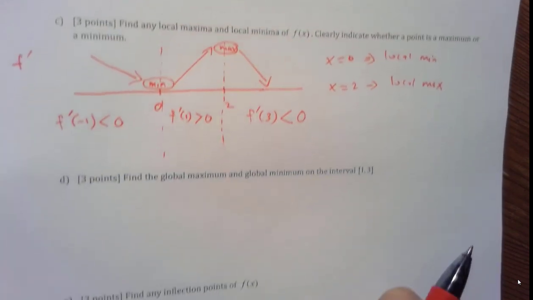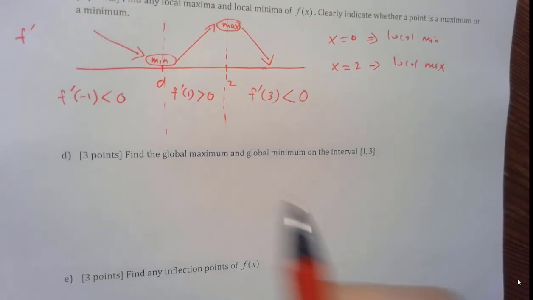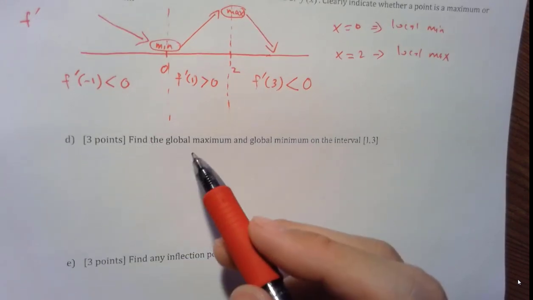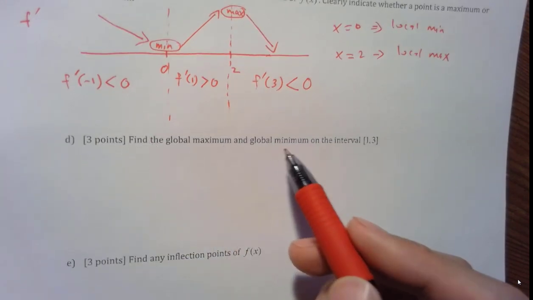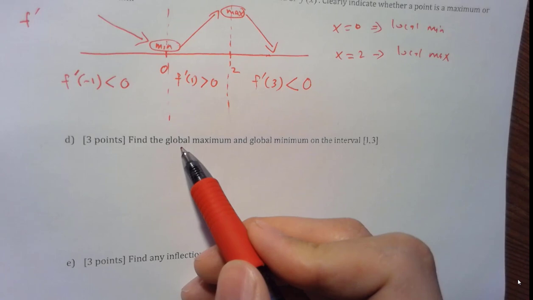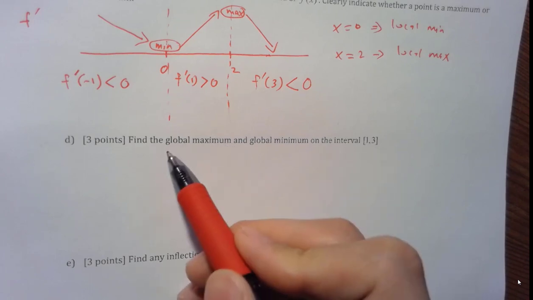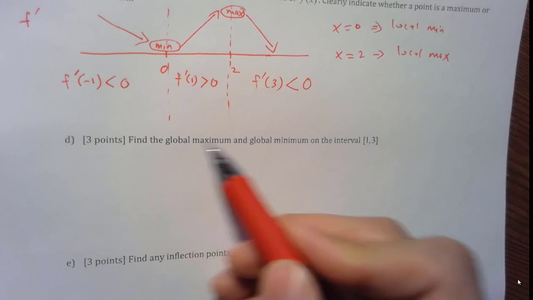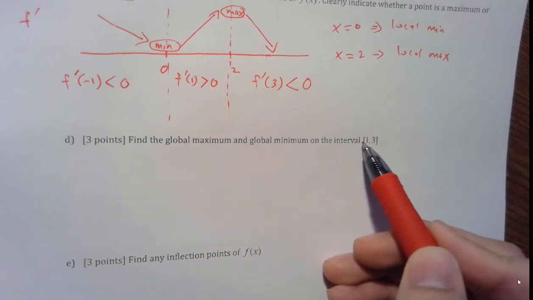Okay, for part D, next to the last one, they ask you to find a global max and global min on the interval 1 to 3. Remember, global is different from local. Global is the highest value on the entire region.